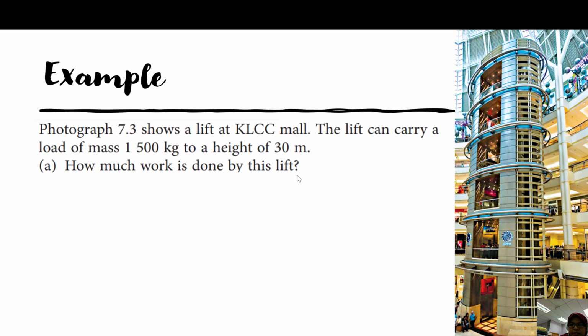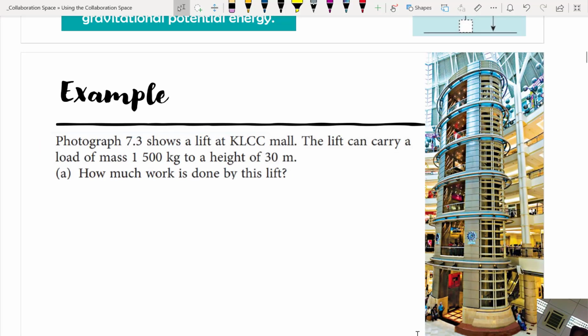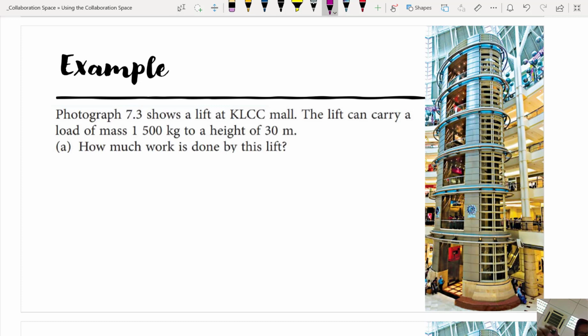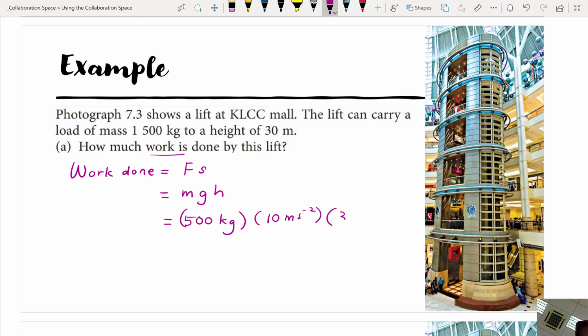How much work is done by this lift? The mass is 500 kg and g is 10 and h is 30 meters.